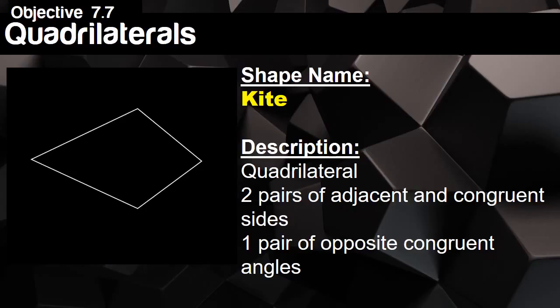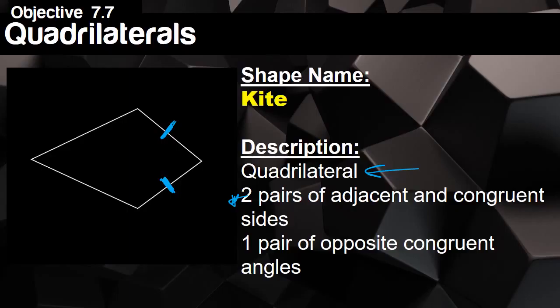Now we have a quadrilateral called a kite. In your description, this is a quadrilateral, has 4 sides. And in our second description, it has 2 pairs of adjacent and congruent sides. Here's what this means. The 2 shorter sides are congruent to each other, so I put 1 hatch mark there.